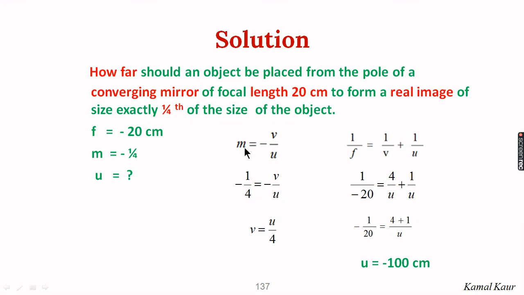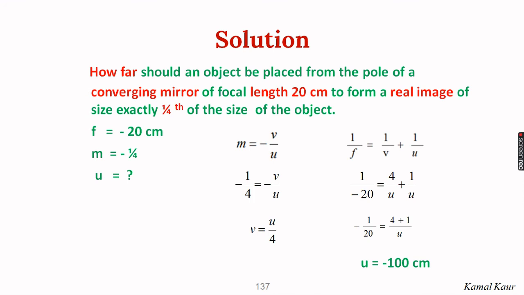For example, here we will put the value of magnification. Now v and u are left. As we need to find u ultimately in the question, we will find v in terms of u. Now this value of v we will insert in the mirror formula and calculate u from here. So our u will come out to be minus 100 cm.